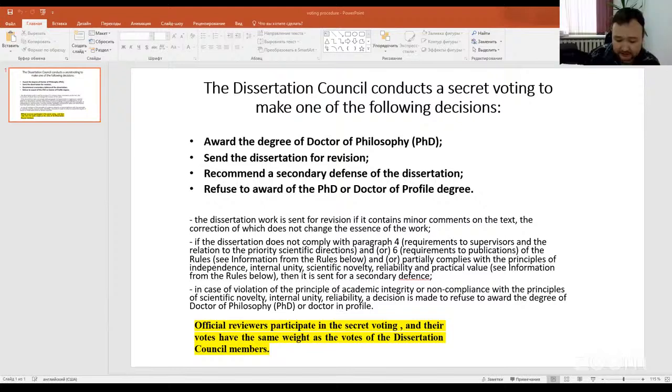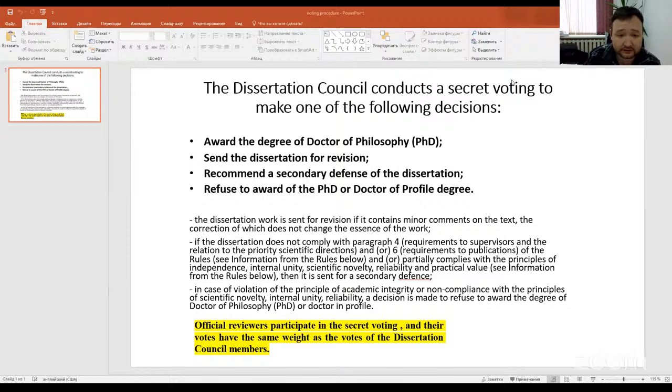And the third one is to recommend a secondary defense of the dissertation. The dissertation is sent for revision if we find during our defense minor issues which do not significantly change the main idea of the dissertation and so on.